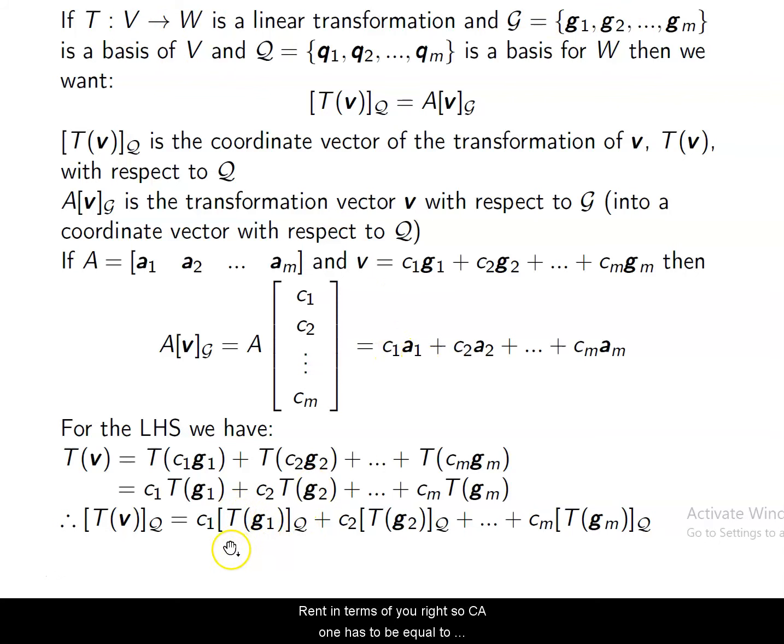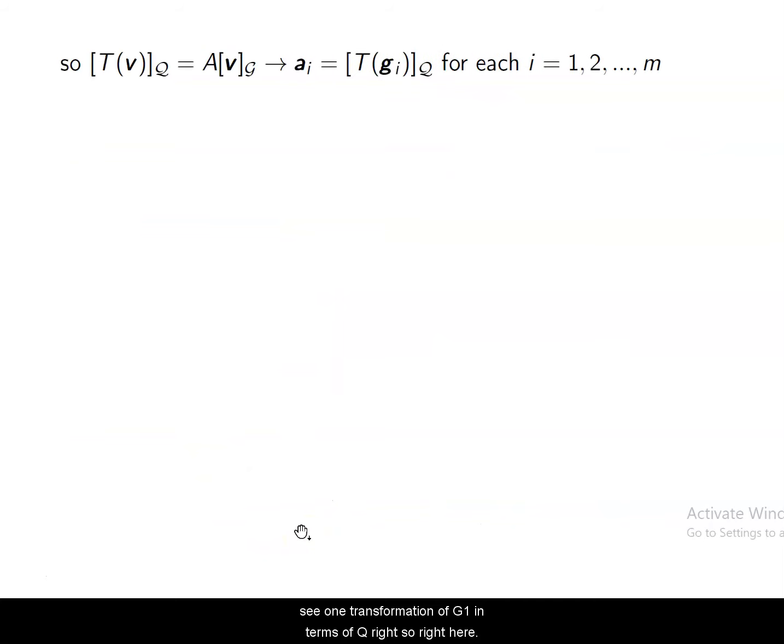So CA1 has to be equal to C1 transformation of G1 in terms of Q. So right here was where we found how to find each column vector of our transformation matrix A. So I'm going to take each basis vector, transform it, and then represent it in terms of Q. That's what I need for this. So we're going to use this relationship to try to find A.